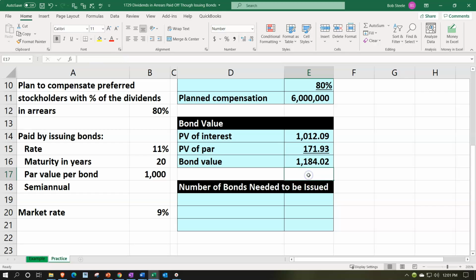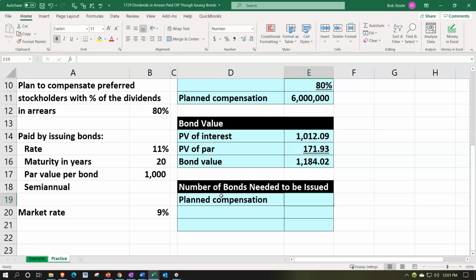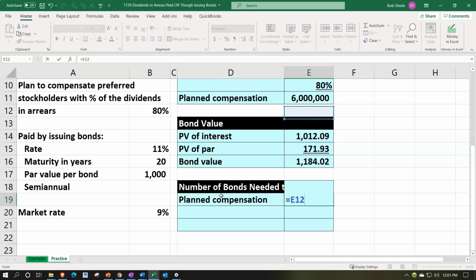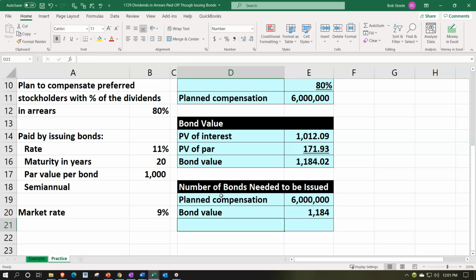So we're going to issue them at a premium. So if we're going to try to pay off 80% or the $6 million with bonds that have a premium of $1,184.02, how many bonds would we then have to issue? So we're going to say, all right, that's easy to do. We've got the planned compensation is the $6 million, and the bond has a value of $1,184.02.